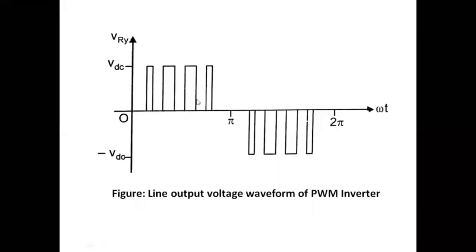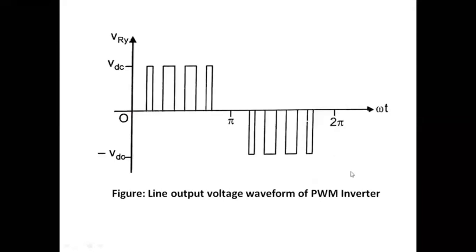Once the modulation index is changed, the width of the pulses changes automatically and the average output voltage changes. So you can have a variable output voltage from this, and you can get variable frequency by changing the entire time period, which means you can adjust the time period of operation for the full cycle.